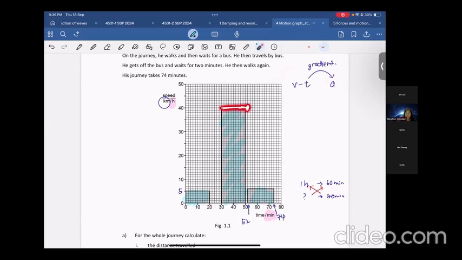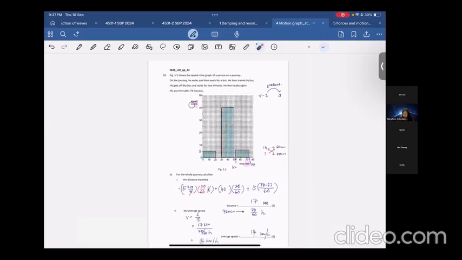If you use two points to find the gradient, y2 minus y1 divided by x2 minus x1, your gradient at here is 0. 0 gradient. Moving with constant speed is 0 gradient. Acceleration also 0. Here, acceleration is 0.